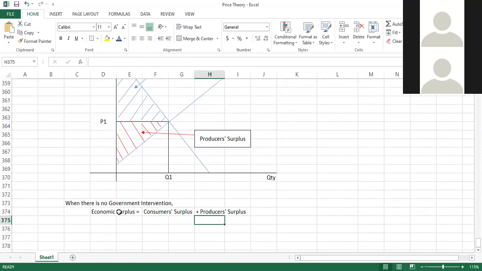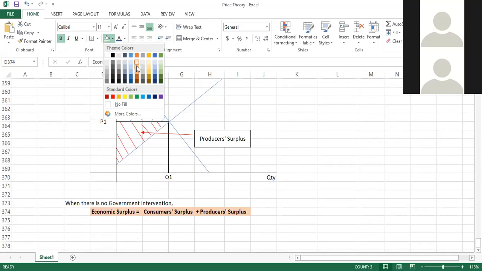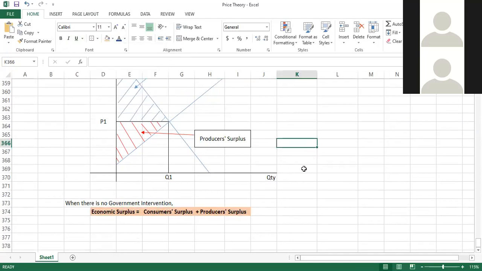Okay, so when there is no government intervention, the aggregate of consumer surplus and producer surplus is called the economic surplus. But because we know in economics, we consider three parties, right? This is when there is no government intervention. But when the government intervenes, the impact of the government also we need to consider.